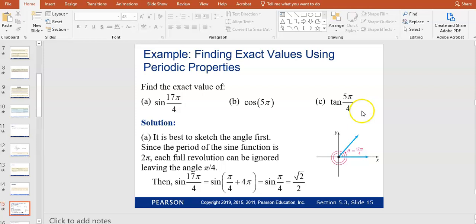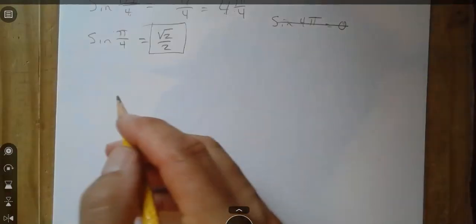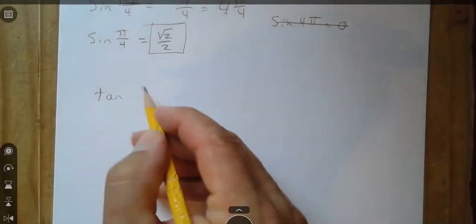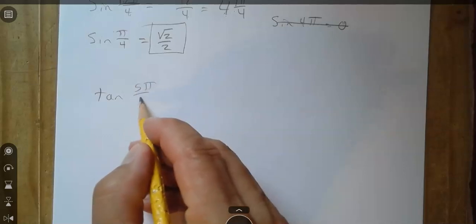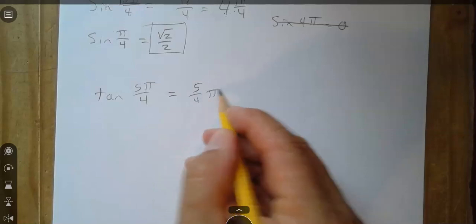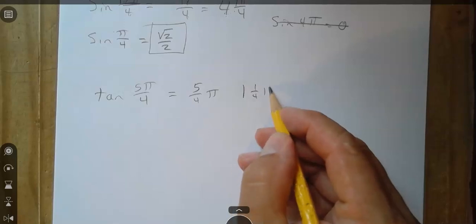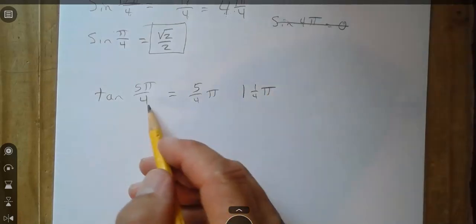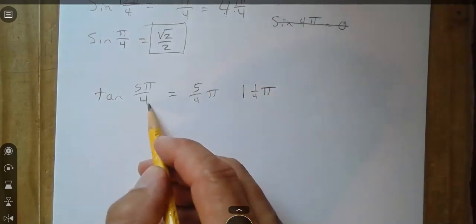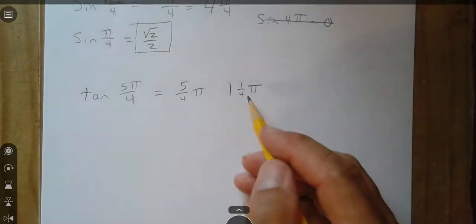Tangent of 5 pi over 4. Interesting. So let's take a look at this one. Tangent of 5 pi over 4 is like 5 over 4 pi, or in other words, 1 and 1/4 pi. So I know it has 4 as a denominator, so I know my sine and cosine are root 2 over 2 in magnitude.